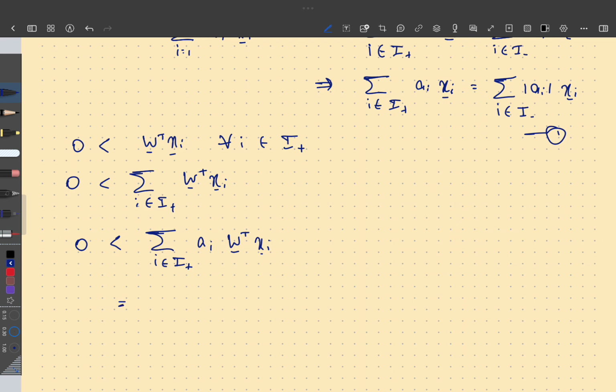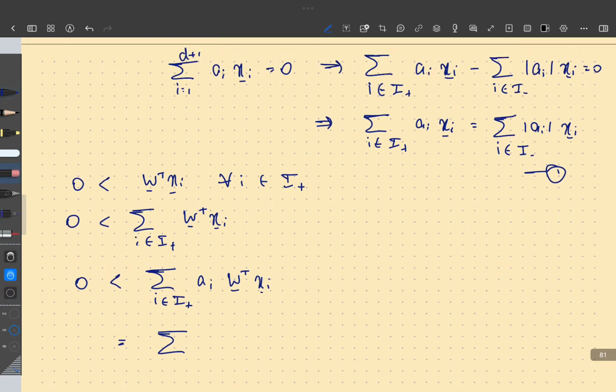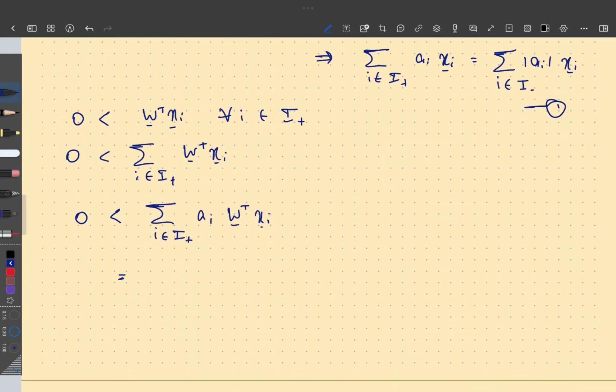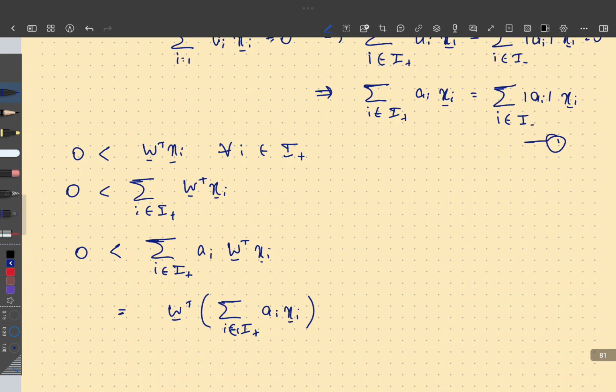Just by linearity, this is w transpose times the summation over i in I plus of ai xi.